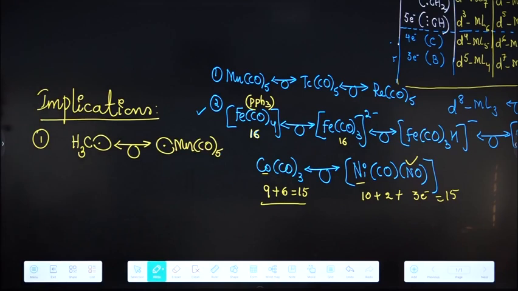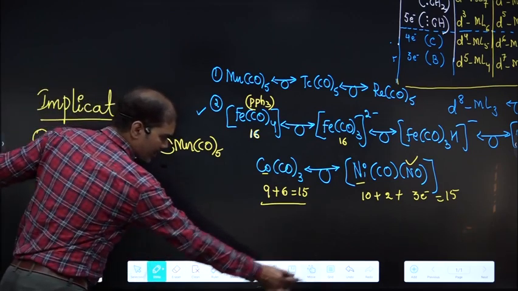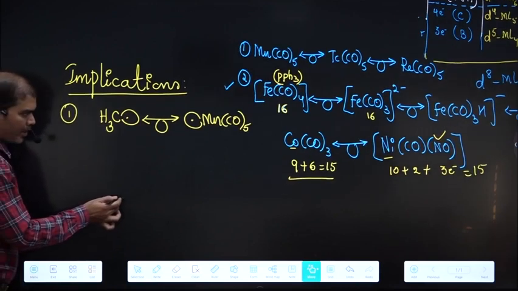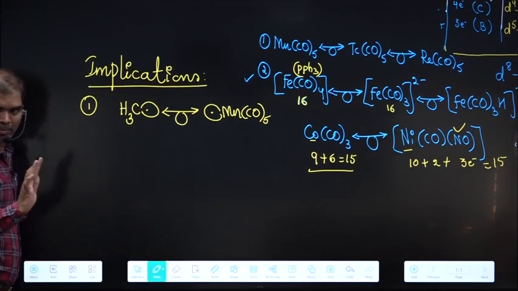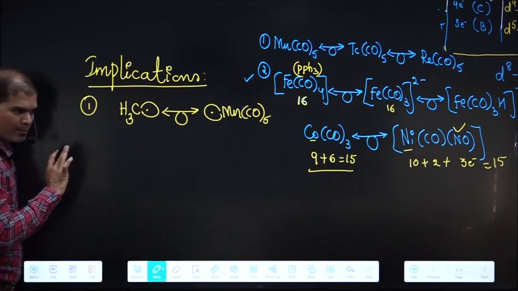A methyl is isolobal with a MnCO5 unit. So what are the applications of your analogy? How an organic fragment behaves, in a similar way the organometallic fragment should also behave. That is the implication or application of your analogy.